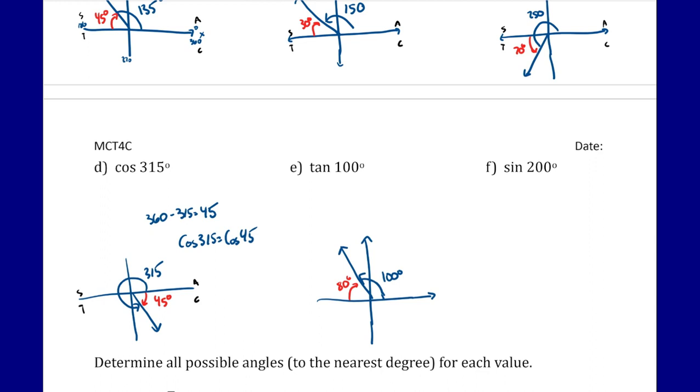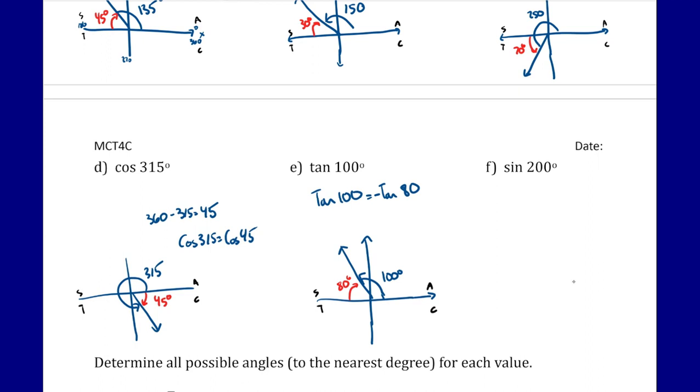But if I do my CAST, C-A-S-T, realize that at 100 degrees, the tan ratio would be negative. So that means that tan of 100, while it should be paired up with tan of 80, because tan of 100 would be negative, then it would have to be negative as well. Because tan 80, if we were to draw just 80 degrees, would give me a positive ratio, which we don't want. We want the negative version of that.